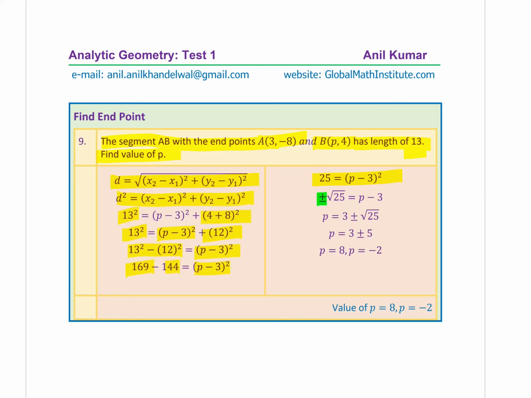Plus and minus square root of 25 is p minus 3. Bringing 3 to the other side, we do get the value of p, which equals 3 plus minus square root of 25, and you get 3 plus 5 as 8, and 3 minus 5 as minus 2. And so we have two solutions for this. p could be 8 or minus 2.